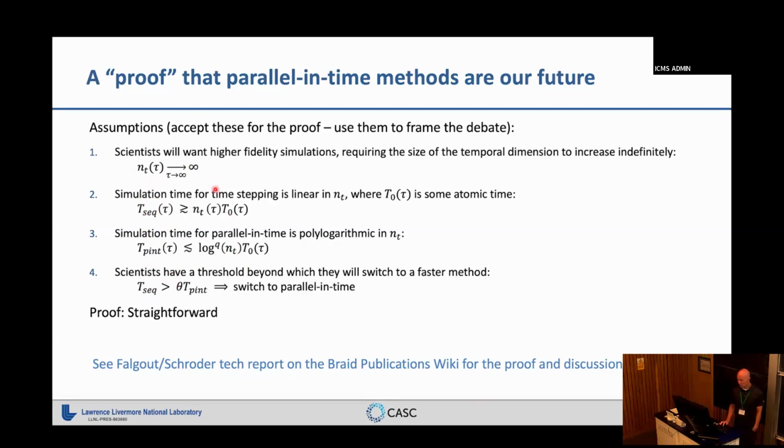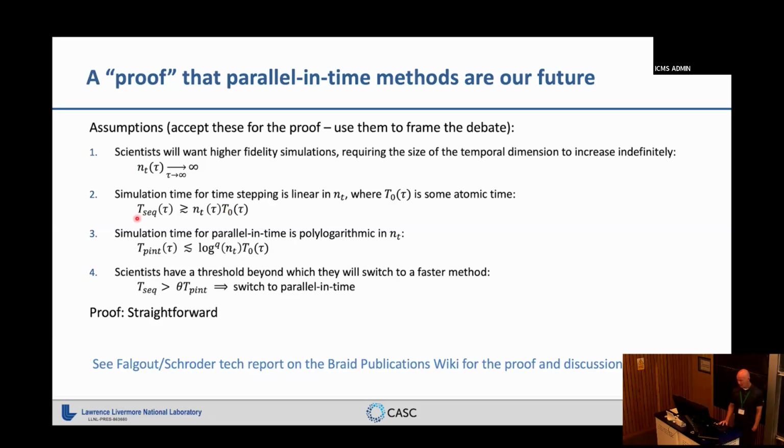So just quickly, the first assumption is that the number of points in time is going to continue to get larger and larger as we move forward in the future. Tau is our actual time, like the date. As the date changes, these numbers will get larger and larger because scientists just want to see more and more detail.